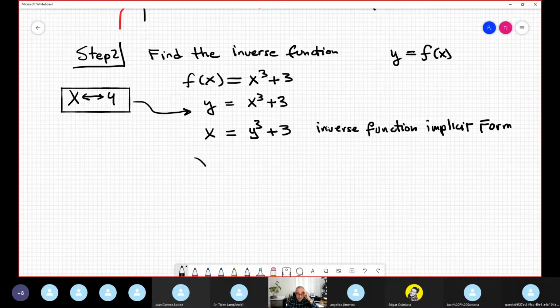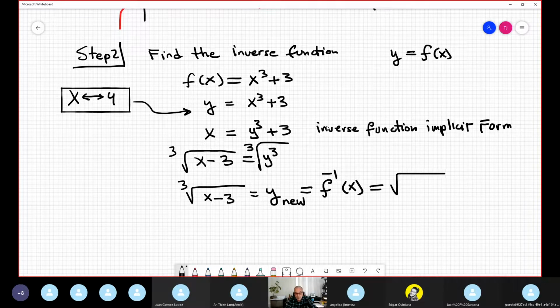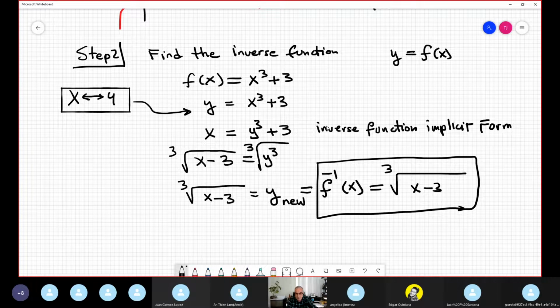Therefore, I isolate the y in order to express it in explicit form. So you subtract 3, look. And you apply the cubic root on both sides, because I need y alone, totally isolated. So the cubic root of x minus 3 is equal to y, which is the new y, and by the way, this is the inverse function equation. So in other words, the inverse function equation is cubic root of x minus 3. Okay?